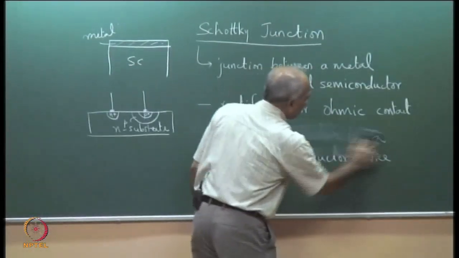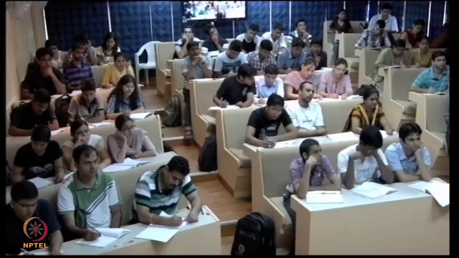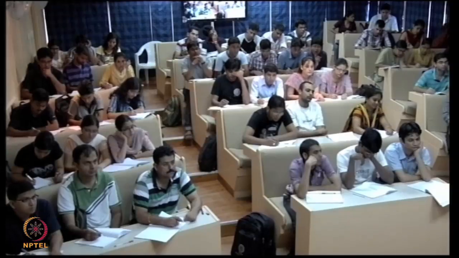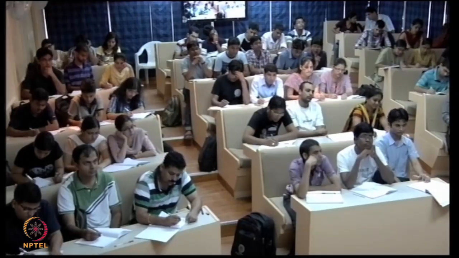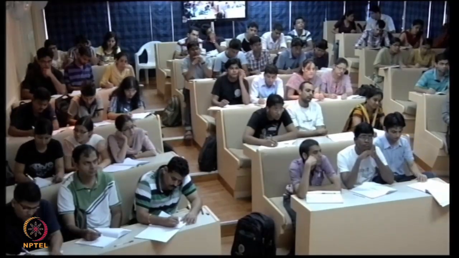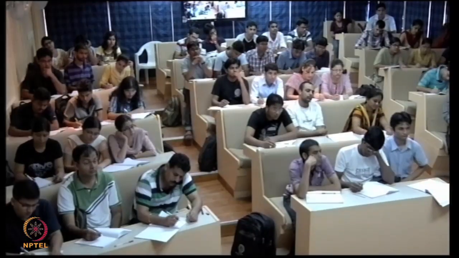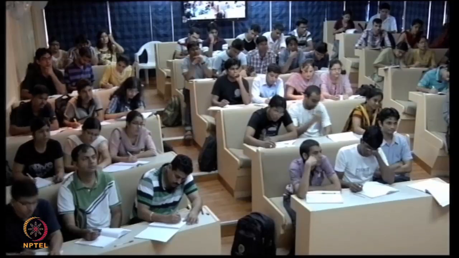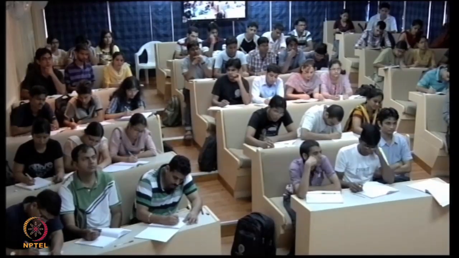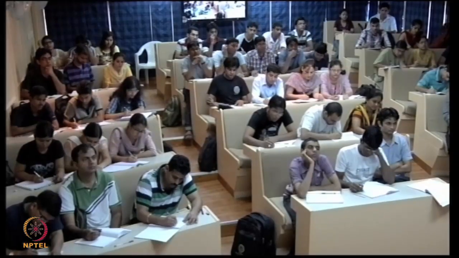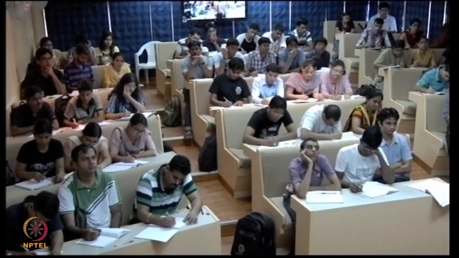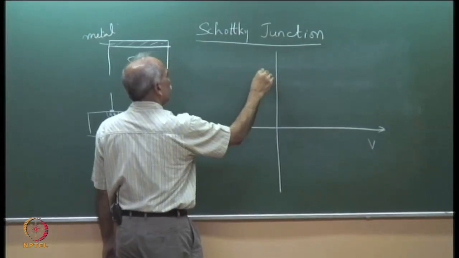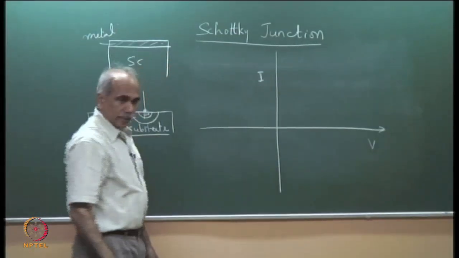So, let us see what I mean by rectifying contacts and ohmic contacts. A rectifying contact, as the name indicates, refers to a contact which allows current to flow in one direction but blocks it in the other direction, as is done in a diode. If I draw the IV characteristics, this is voltage versus current for a device.